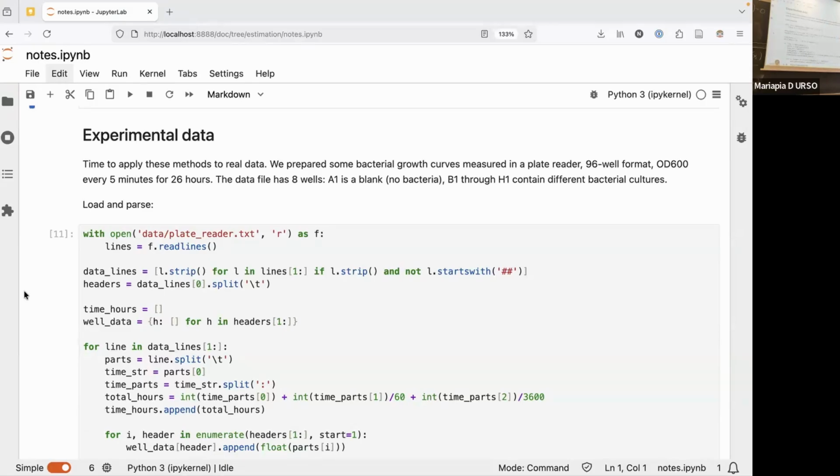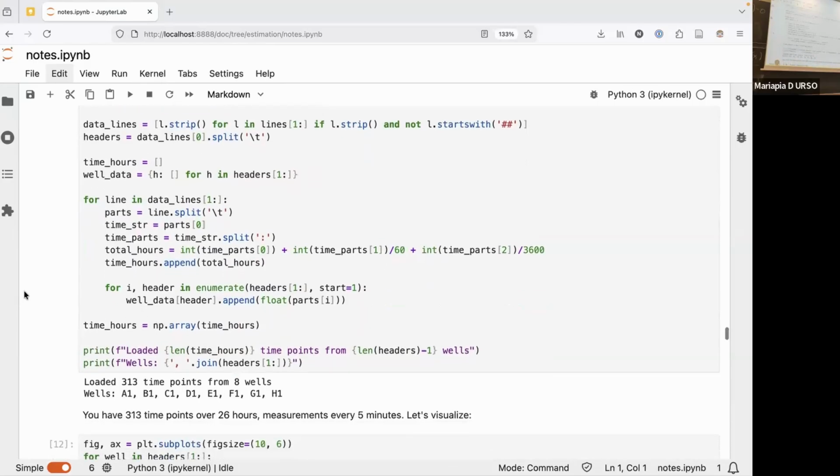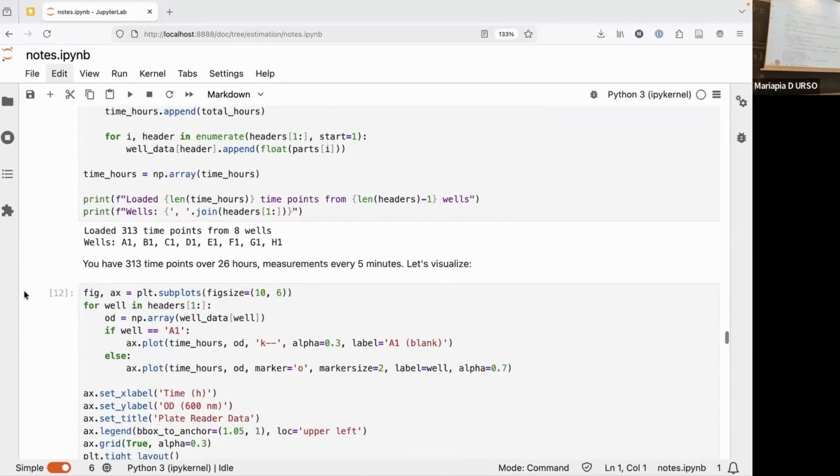We put our E. coli, I think 8 colonies in parallel, and we just let them be measured every, I don't know, 10 or 5 minutes in the plate reader automatically, and then we get the OD readings. So here's just some code to ingest the data. And we have wells from A to H. One of them is the control, which is empty, so we have 7 growth curves actually.